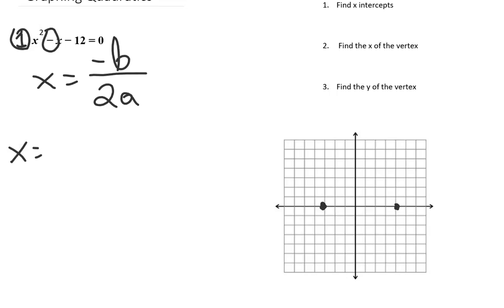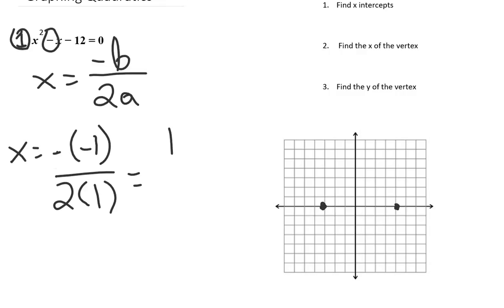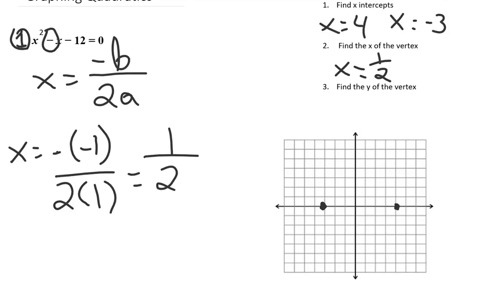So if I plug those in, I'm going to have negative 1 for b and positive 1 for a. A negative times a negative is a positive. I have a 1 here. 2 times 1 is 2, so 1/2. So my x vertex is 1/2, and I'll put my x-intercepts up here too. I had x equals 4 and x equals -3 as my two x-intercepts.